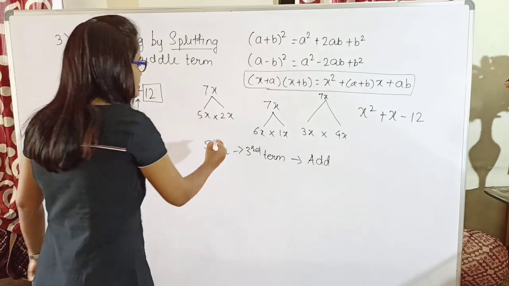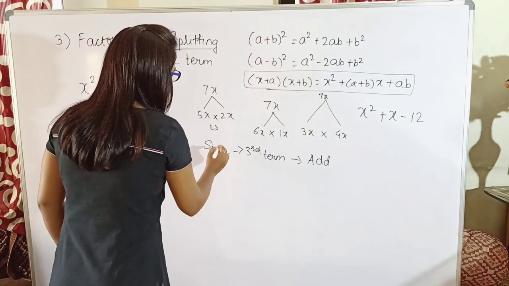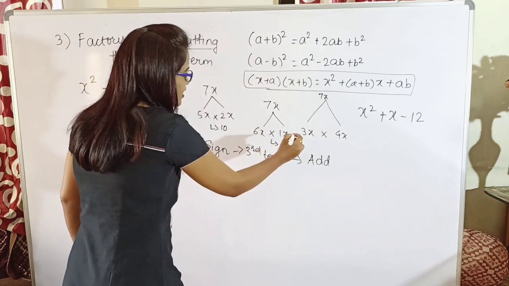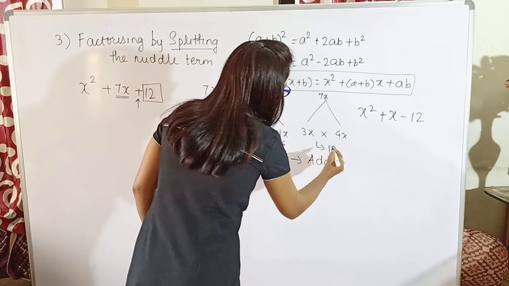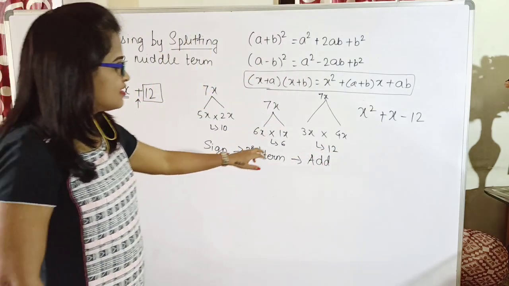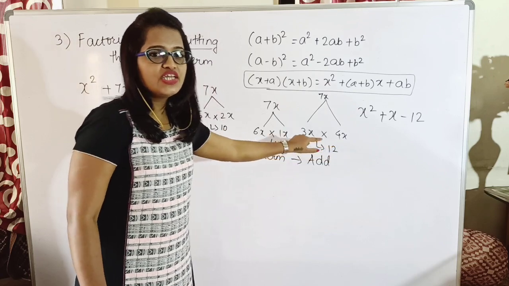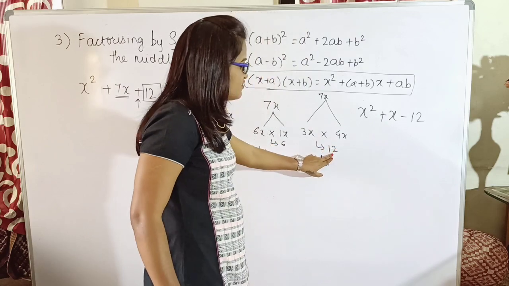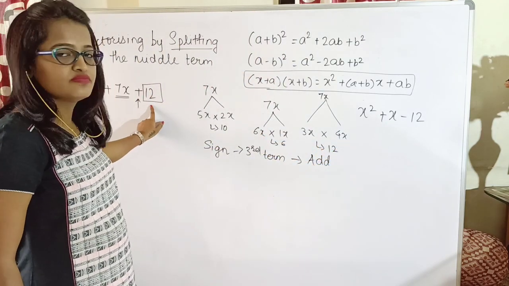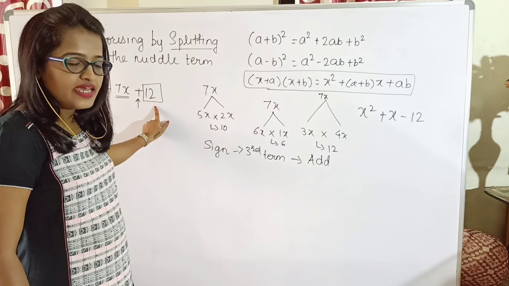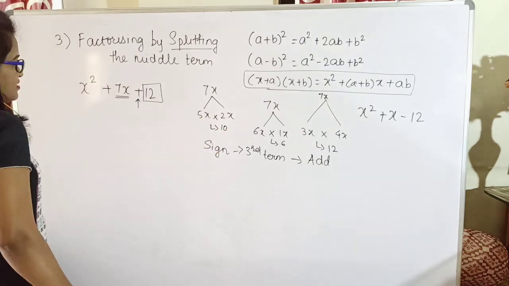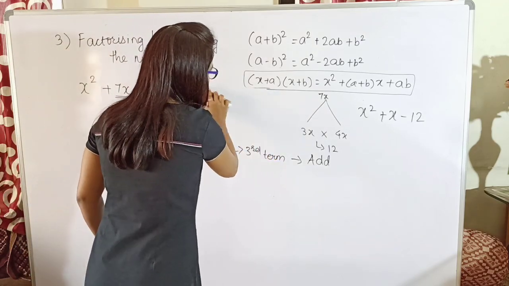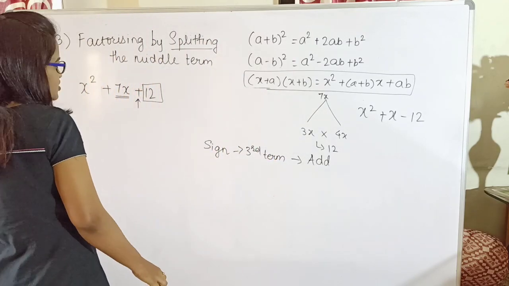What is 5 into 2? It is 10. What is 6 into 1? It is 6. And what is 3 into 4? 12. So as you can see, the multiplication of these two numbers gives me the value of the third term. Hence I will not be taking 7x to be 5x plus 2x, neither 6x plus 1x, but I will be taking it as 3x plus 4x.